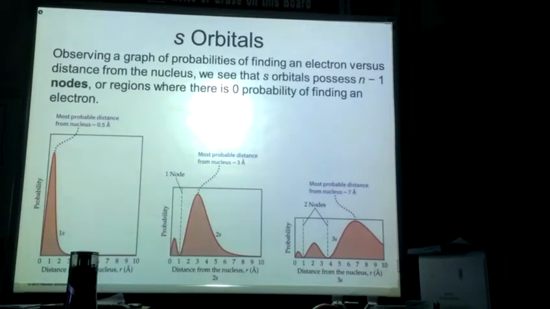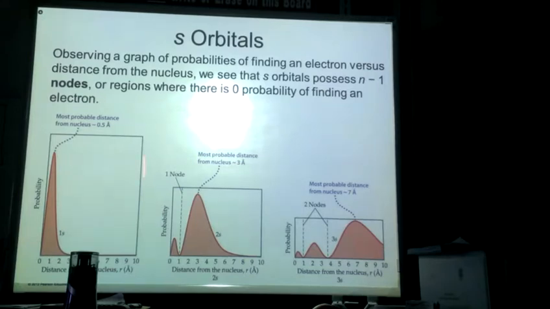Let's talk about something called a radial distribution or radial probabilities. So these are radial distribution graphs, these 3 right here. And ultimately, it's just a graph that shows the probability of us finding an electron versus the distance from the nucleus. So I have the probability of finding an electron, and that's going to be graphed next to how close that electron is by the nucleus.